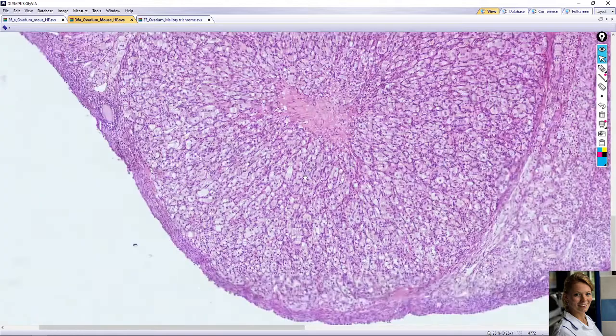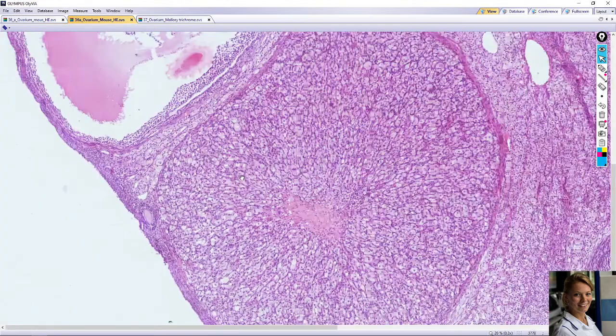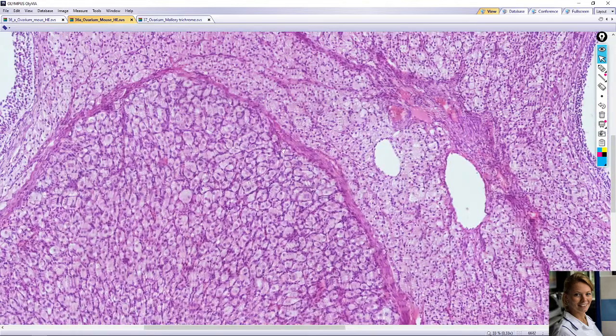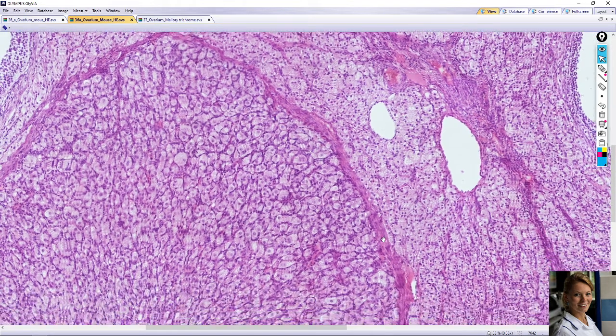They form most of the corpus luteum, and here are the very darkly stained theca lutein cells, which are located external to the granulosa lutein cells on the periphery of the glandular epithelium.